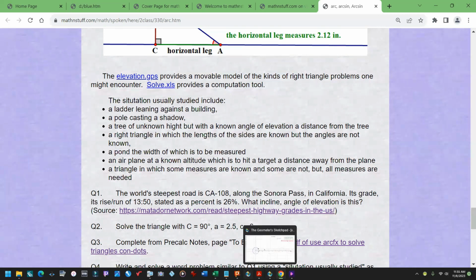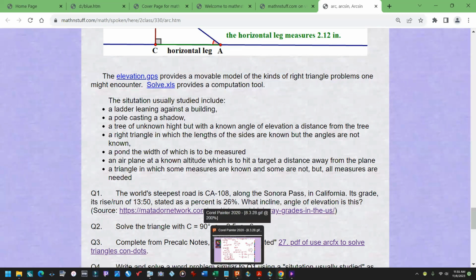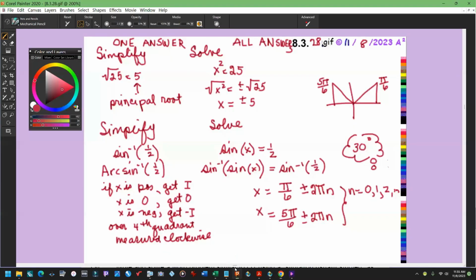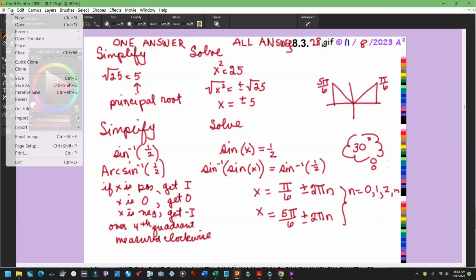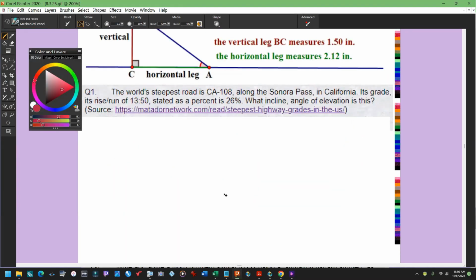So we'd go to the notes and we open up World's Steepest Road. It has a rise of 13 to 50.